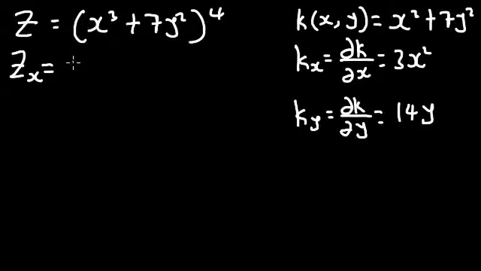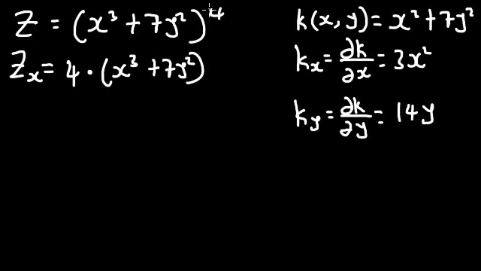Now with this, we can proceed on finding the partial derivative of z with respect to x. As we know that according to the formula we stated earlier, if this is our n, that will be 4 multiplied by the function itself, x cubed plus 7y squared, all to the power of 4 reduced by 1, which is simply 3. Then multiply by k sub x, which is 3x squared.